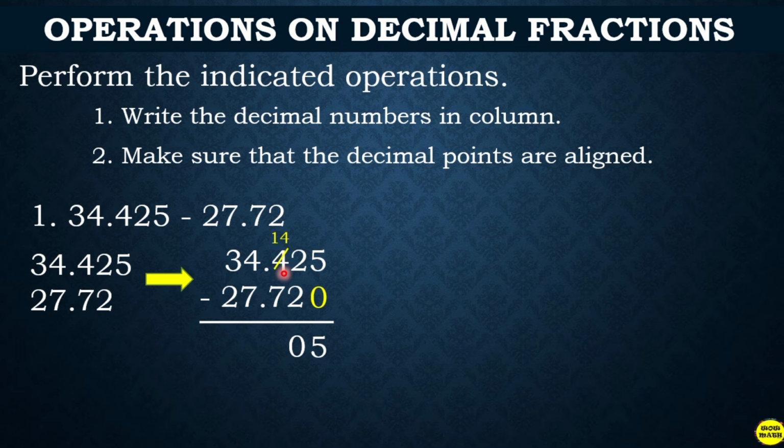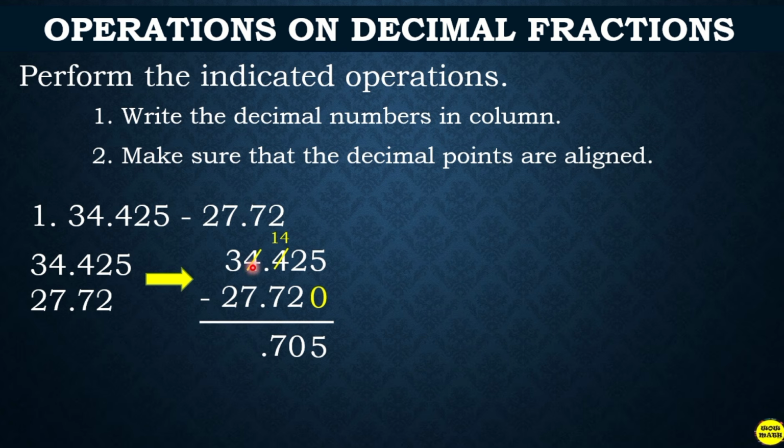Since 4 ito, at hindi natin pwedeng isubtract si 7 sa 4, manghihiram tayo dito sa kabila. Okay? So, ito ay magiging 14. So, lagyan natin to ng mark para palatandaan na nag-borrow tayo dyan. Okay? So, yung 4 natin magiging 14. So, 14 minus 7, that is 7. Okay? Do not forget your decimal point.